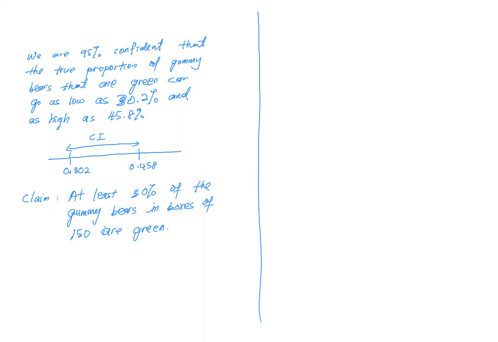We have insufficient evidence to reject the claim that at least 30% of the gummy bears in boxes of 150 are green, because the confidence interval for the true proportion, the lowest value is 30.2%, which is greater than 30%.